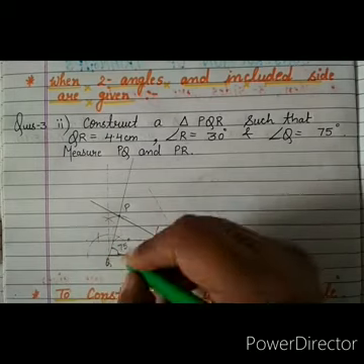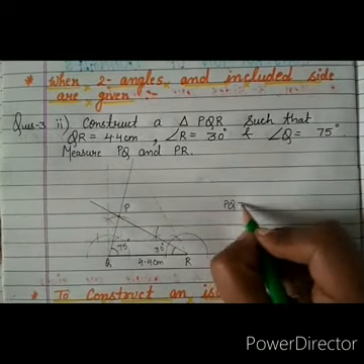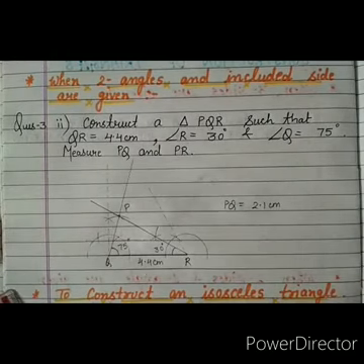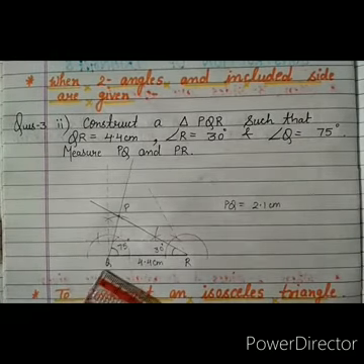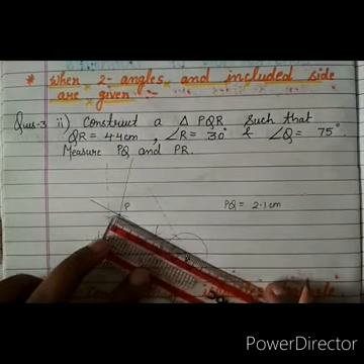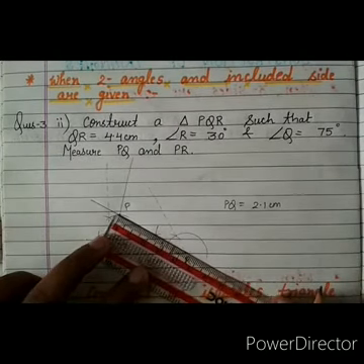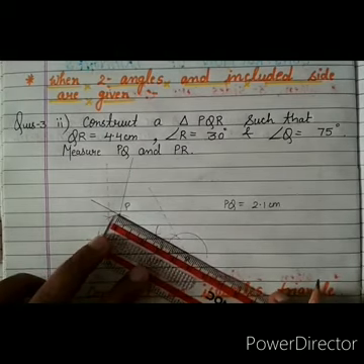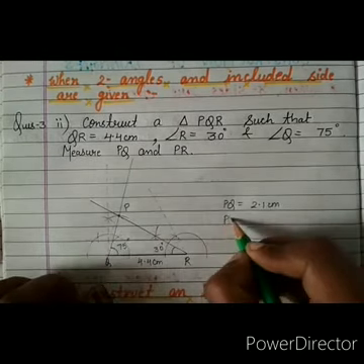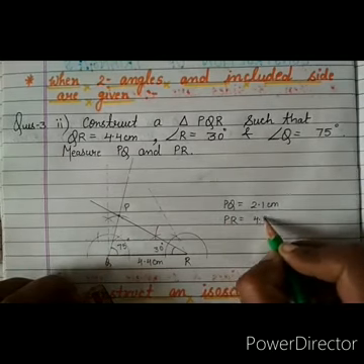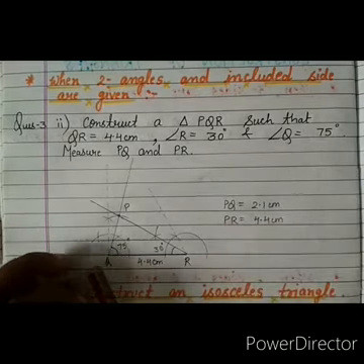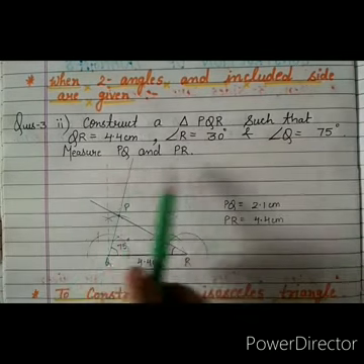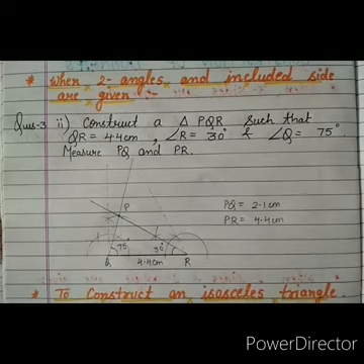So here we can write PQ is 2.1 centimeter approximately, and in order to measure PR, this is 4.4 centimeter. So PR is 4.4 centimeter. So in this way, this is the required triangle and these are the measurements of PQ and PR.